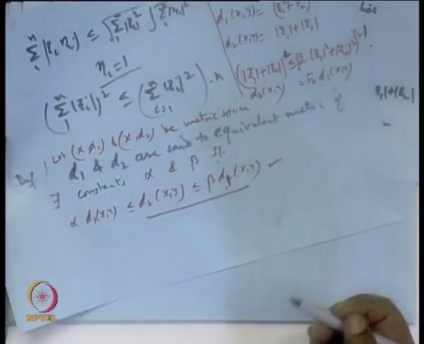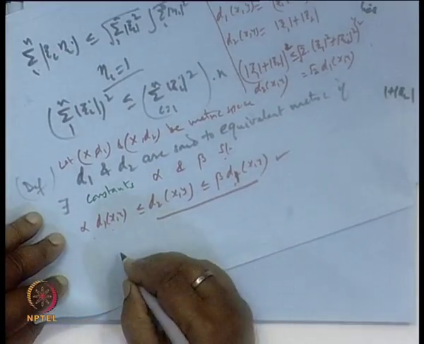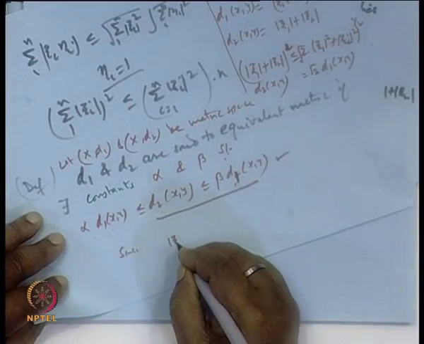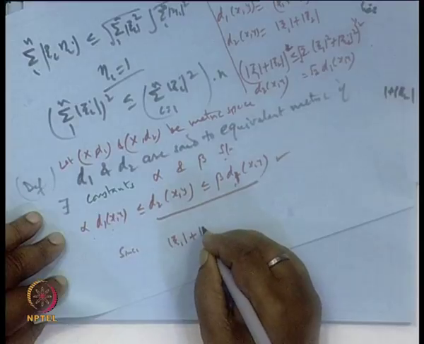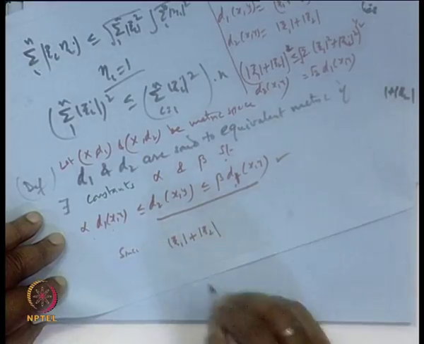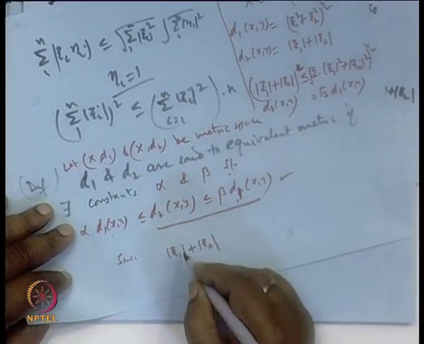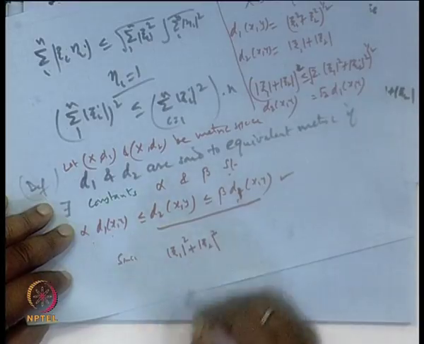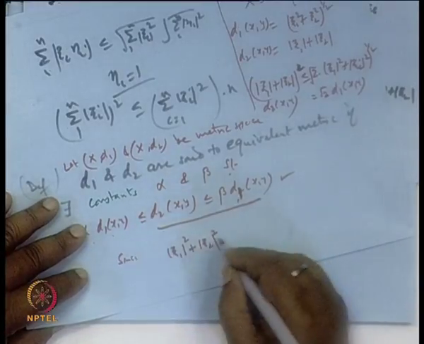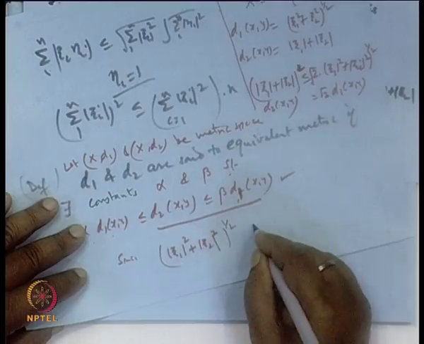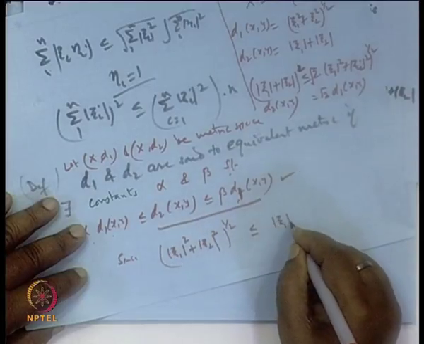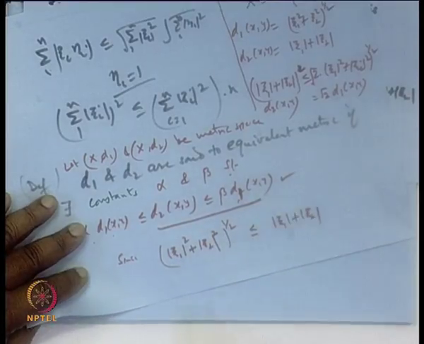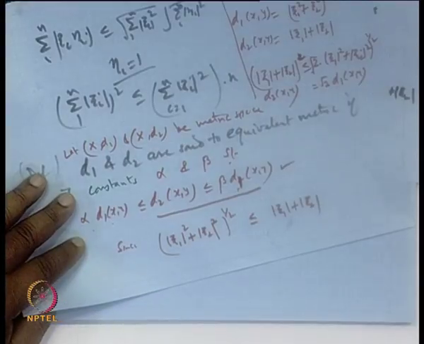Okay. The other way round is obviously true. Since (mod xi1 plus mod xi2) to the power half of its square is always less than or equal to this, clear?